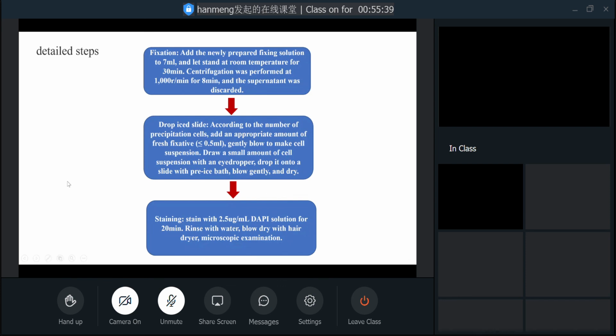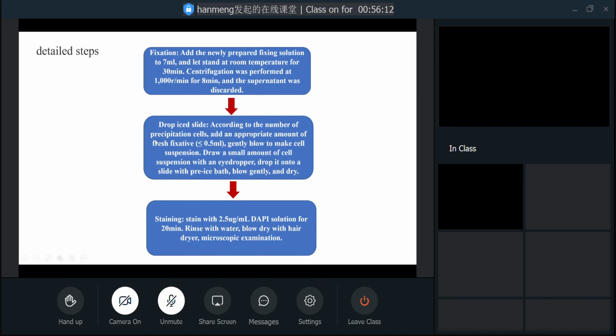So here it is named drop ice slide. Because with the ice slide, there is a temperature difference, because the chromosome solution is at room temperature and the slide is ice. So with the temperature difference, the chromosome is more easily released from the nucleus.